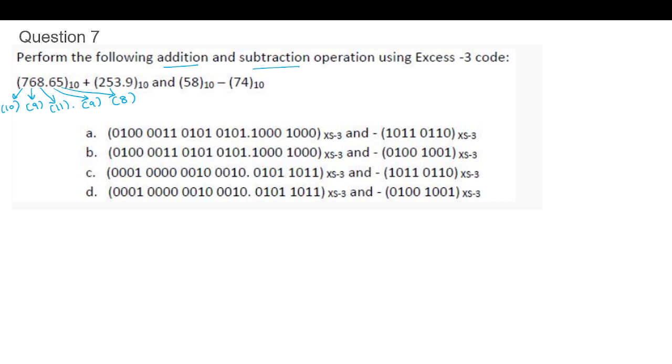This will be in excess 3. 5, 8, 6. Now let us try. This is addition. So can you also try this question and share the answer?